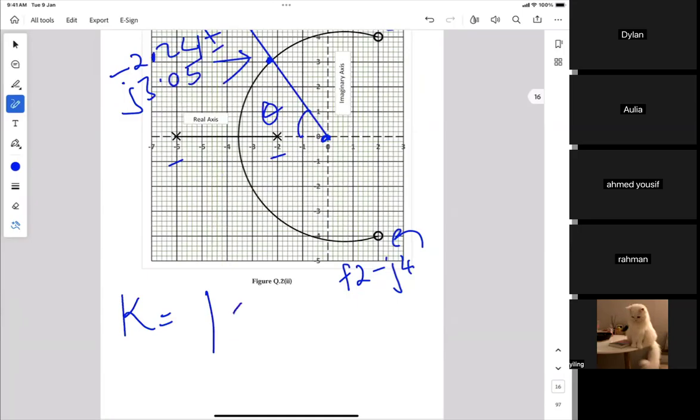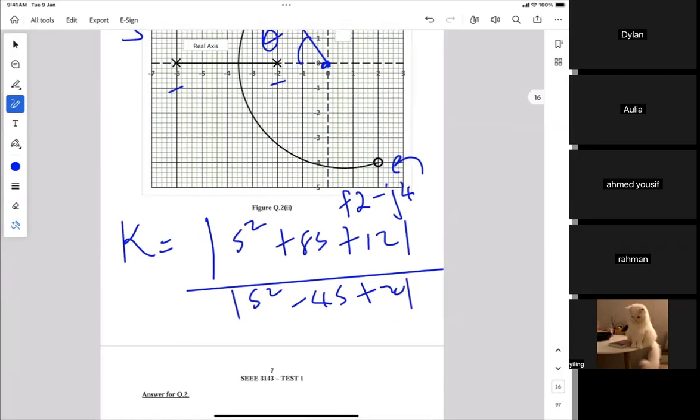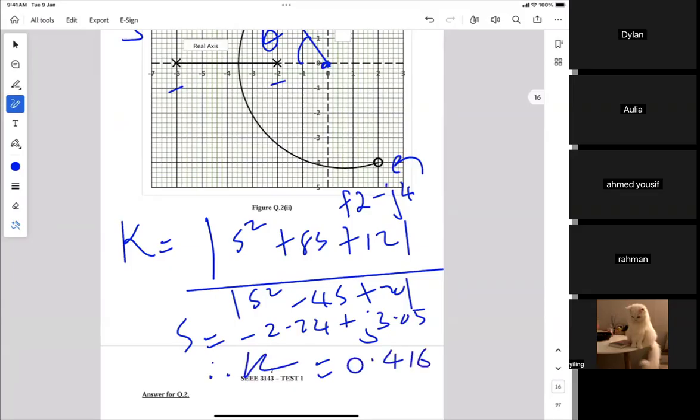Okay, formula? Magnitude of S squared plus 4S plus 12 over magnitude of S squared minus 4S plus 20. And replace with the value, dominant pole. So you will get K roughly 0.416. Okay.